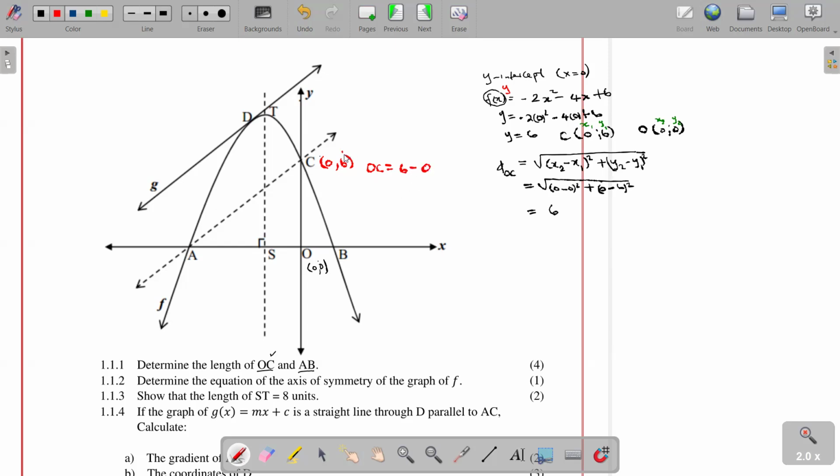This is our y on top, this is our y below, which is going to give us 6 units. So the distance is 6 units. Then the next question you are required to calculate, we are still on 1.1.